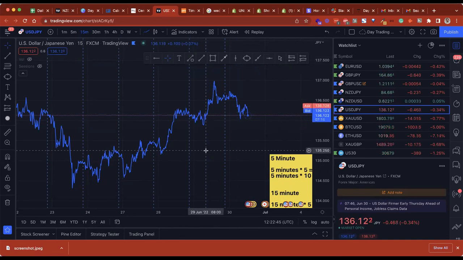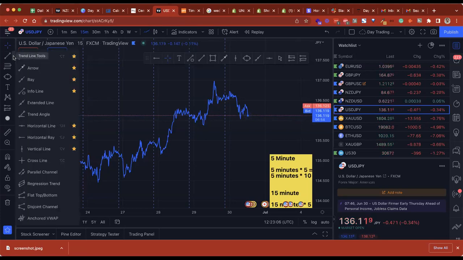To be able to draw these lines, you have to go over to your tool section. At the top left, the second one down, you'll see it says trend line tools.